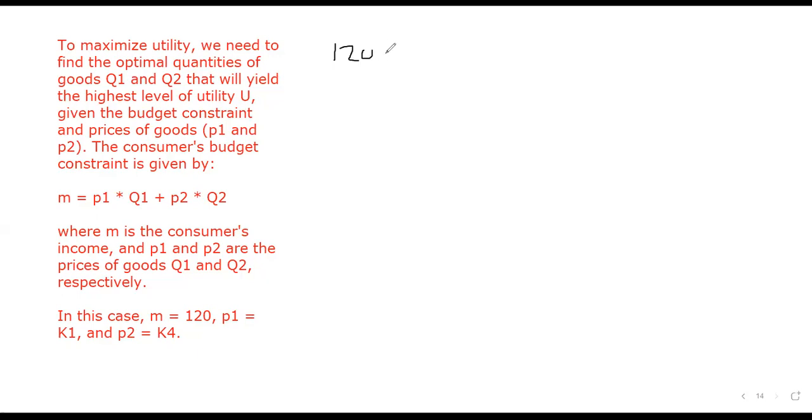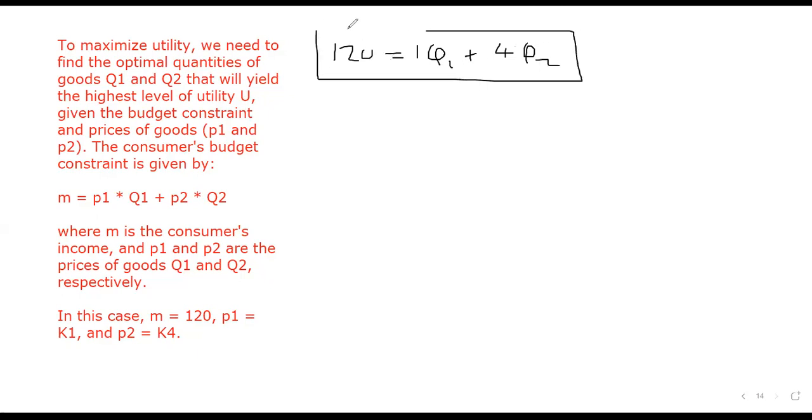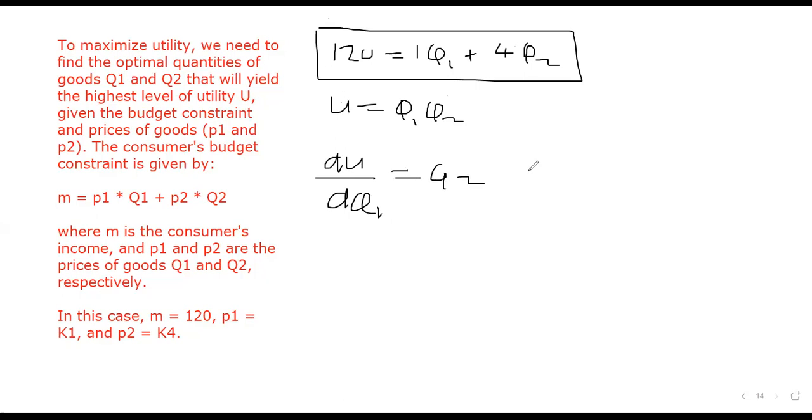120 is equal to 1 Q1 plus 4 Q2. This is our budget line. Then our utility function, since we're given Q1 Q2, so du dQ1 simply means Q2.